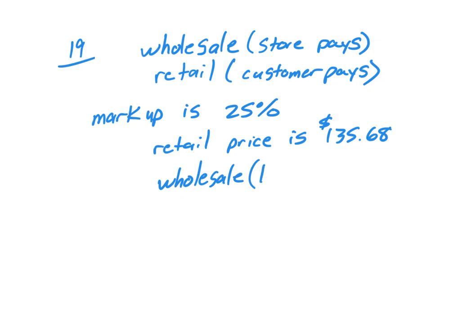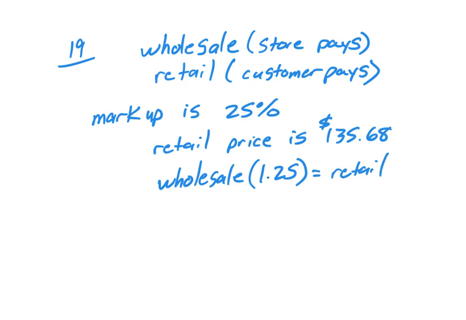Wholesale times the markup rate. If it was 25%, which it is, we'll just make it 1.25. If it was 30%, I would do 1.30, okay? Whatever the percent is just gets added on, equals the retail price, which is the ending amount.